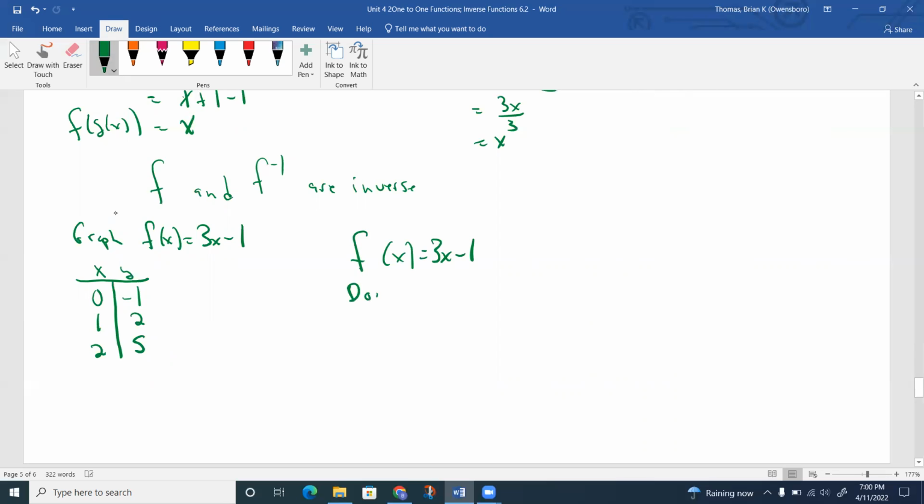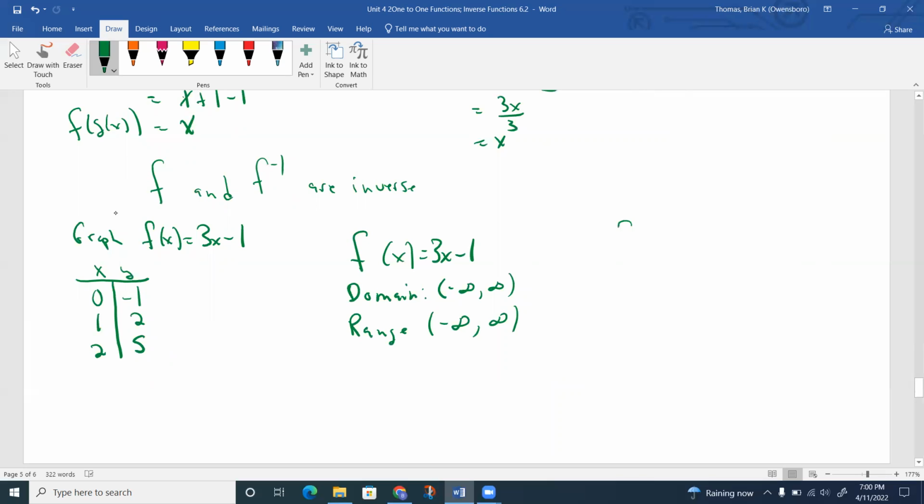Its domain and range, since there's no left bound and no right bound, is -infinity to infinity. The range, again, there's no lower bound or upper bound, so -infinity to infinity.